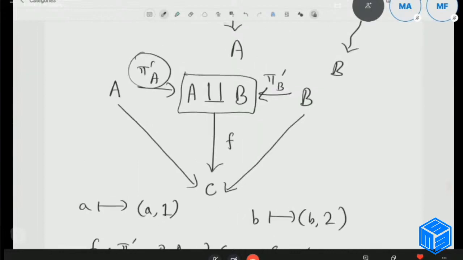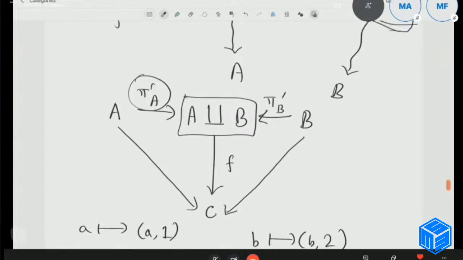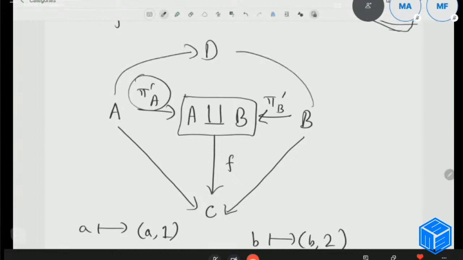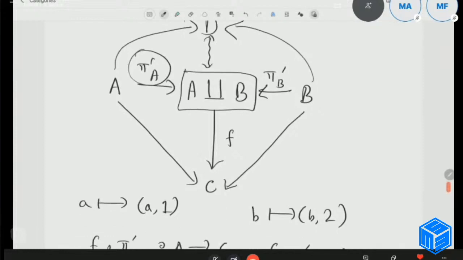You can also prove similar kinds of things that we did with products. If any other set D satisfies this property, then there's a bijection going from D into A disjoint union B. That can be proved as well.